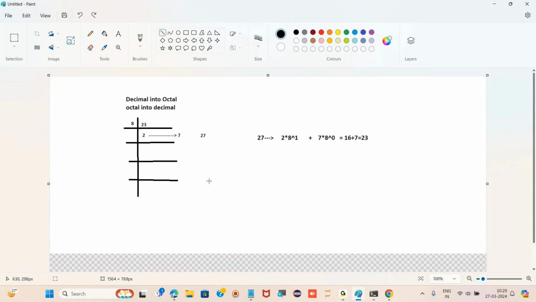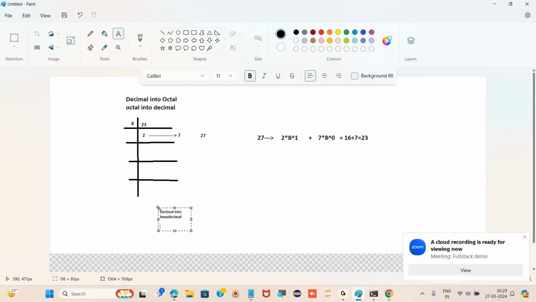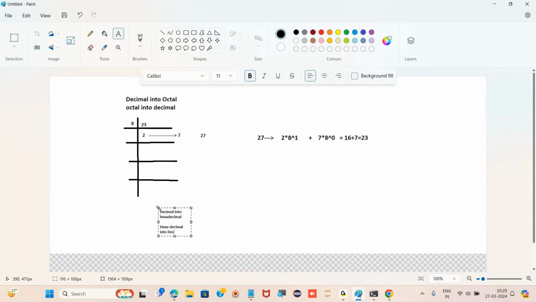So now the term is conversion of decimal into hexadecimal, whereas hexadecimal into decimal, right?